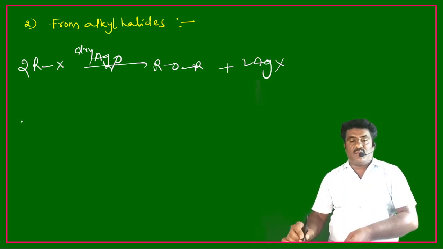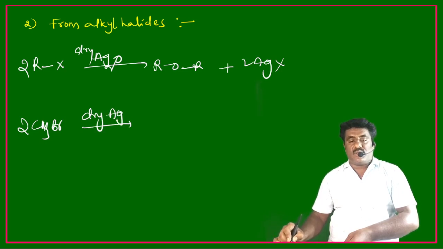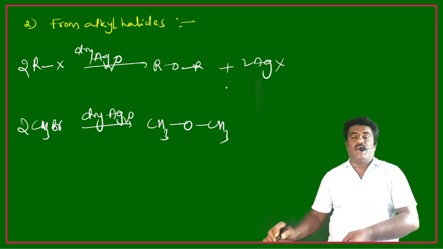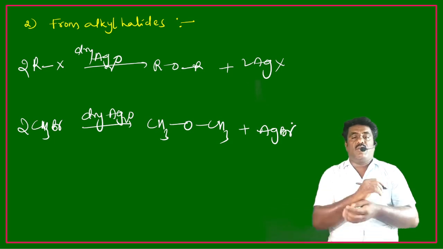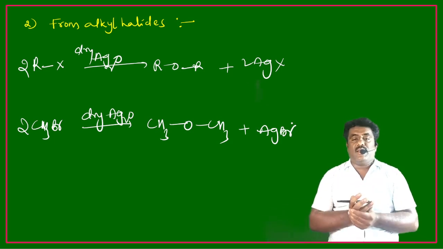For example, 2 moles of methyl bromide in presence of dry Ag2O gives CH3OCH3, dimethyl ether, and silver bromide. It is from alkyl halide.